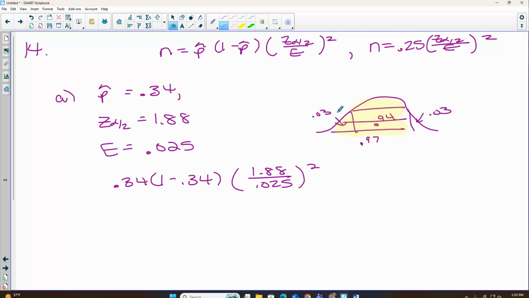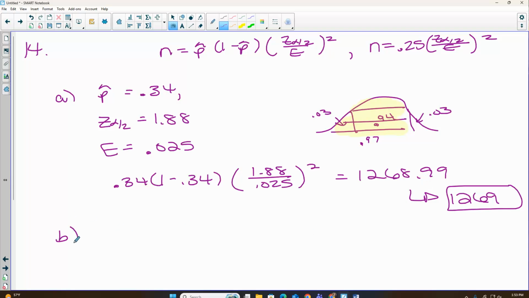So if I plug this in, it gives me 1,268.99. However, what do we have to do at this point? Round up. And you round up regardless of what that decimal is, because 1,268 is not enough.